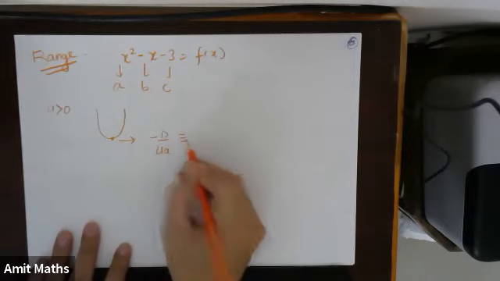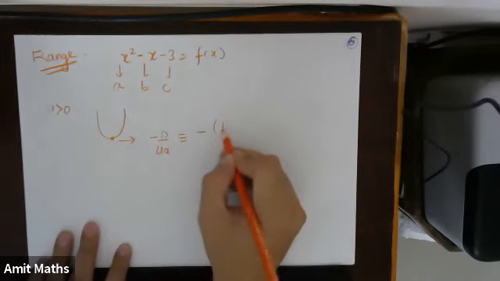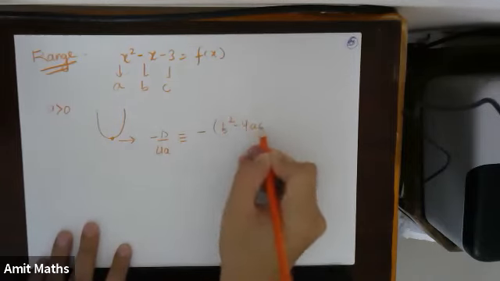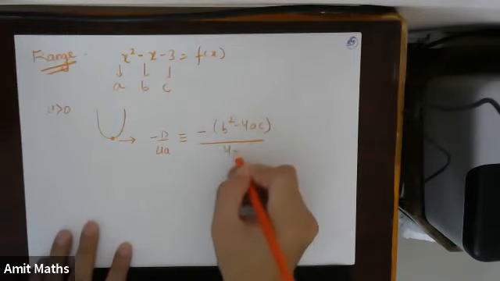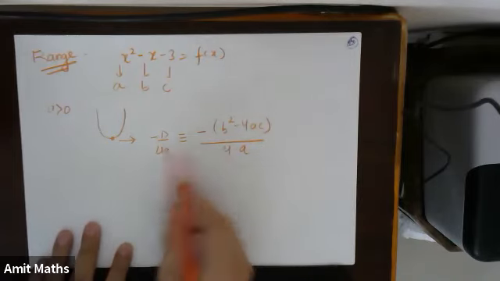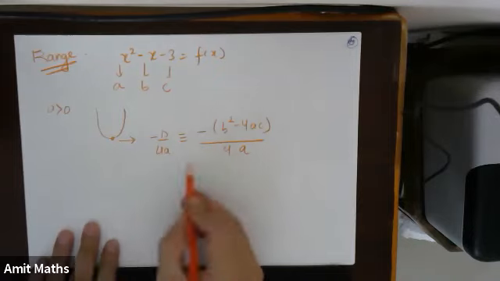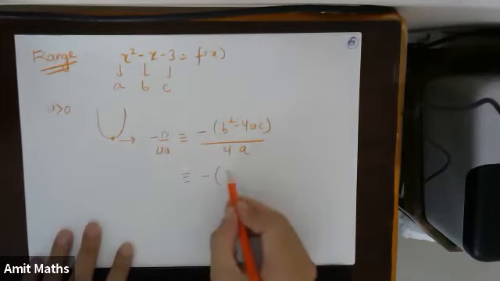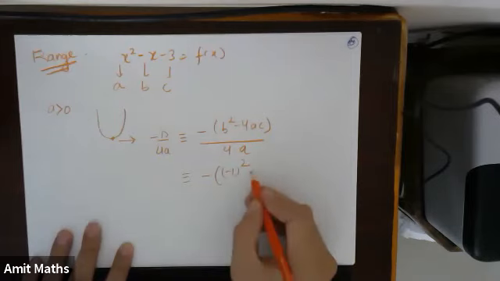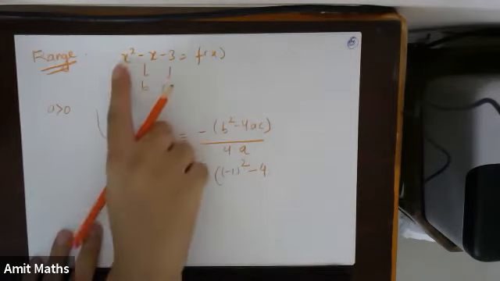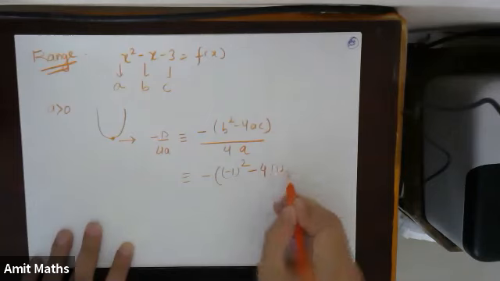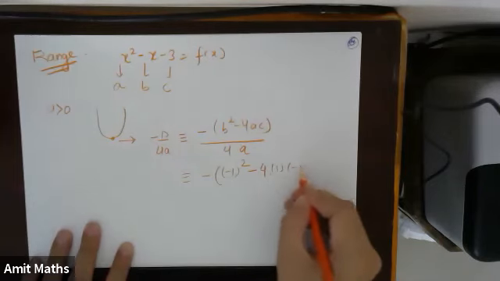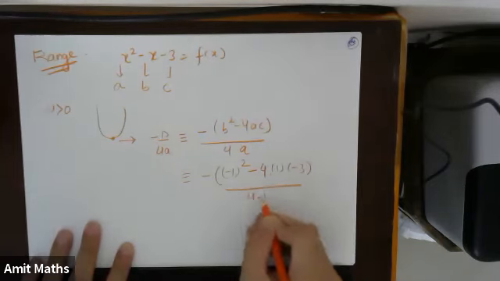This minus D by 4A means minus of (B square minus 4AC) by 4 into A. I will just substitute the values. So this will be minus of what is B? B is minus 1, whole square, minus 4 into A, which is 1, into C, which is minus 3, by 4 into 1.